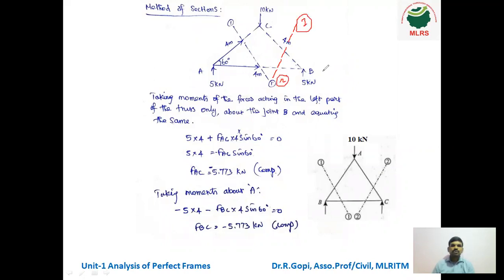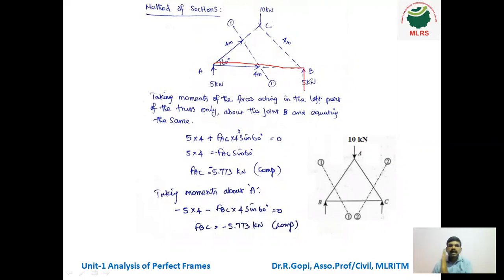This is section line 2-2. For section line 2-2, we have to take moments about the point A. What is the opposite joint of the BC member? It is A only. So taking moments of all the forces about the point A: the 5 kilonewton force into its perpendicular distance, 5 into 4.